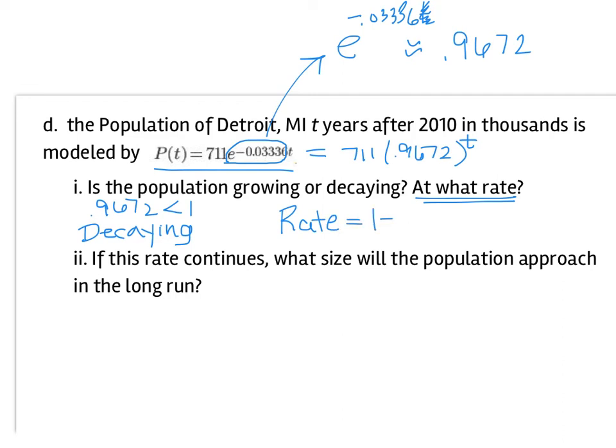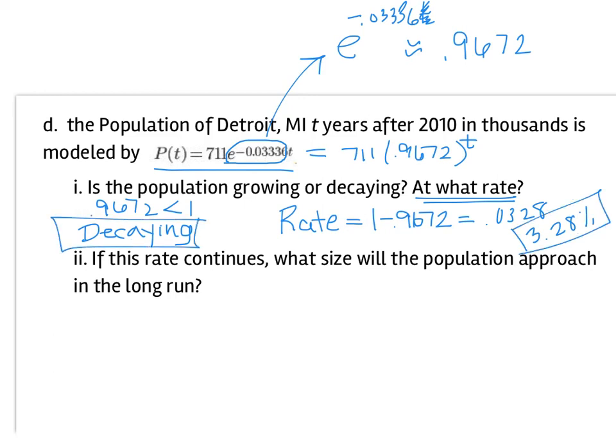It's the difference from 1, because we're seeing really what's its difference from 100%. So take the base of 0.9672, subtract that from 1, it is decaying at a rate of 0.0328, which we would say about 3.28%. So the population is decaying at about 3.28% per year.